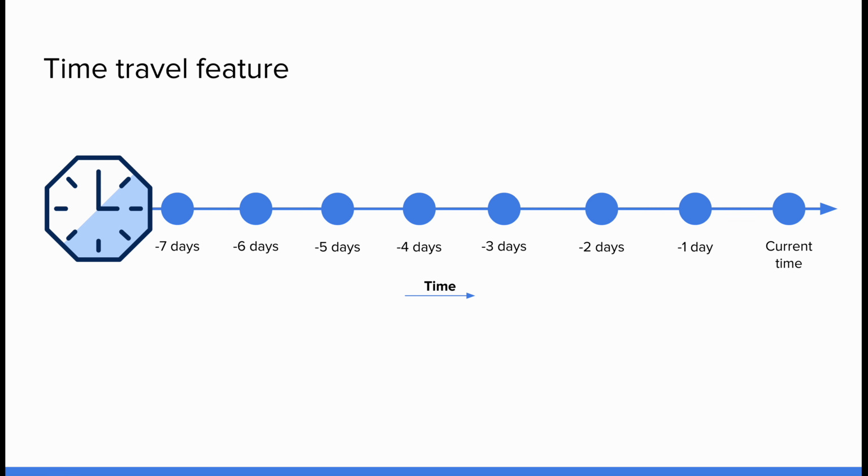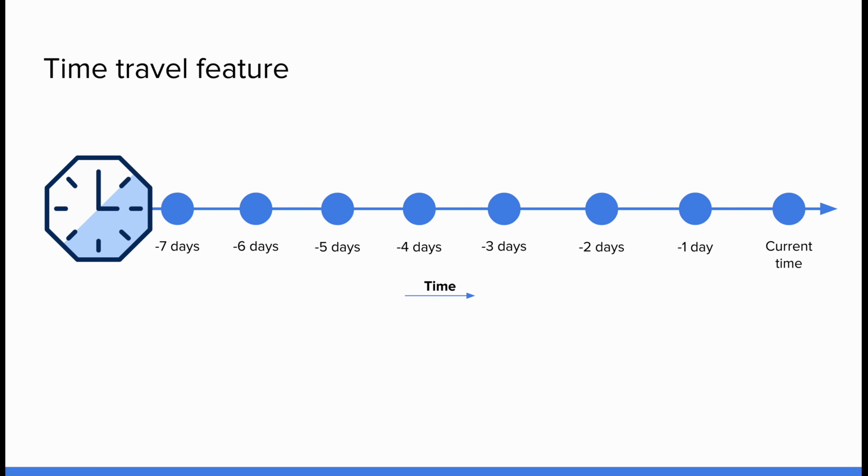So each of these dots represents a day in the past, just to kind of mark the distance. And it's not storing a new version each day, though. It's storing new versions of your table constantly. So throughout this entire timeline, it's constantly creating new versions of your table.